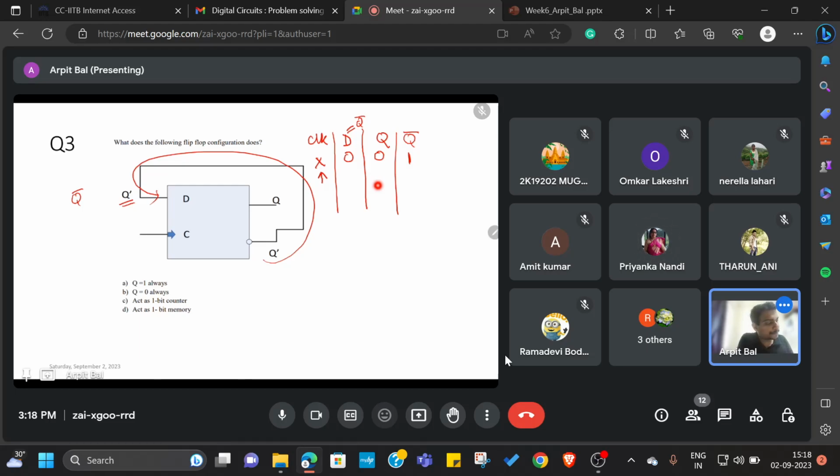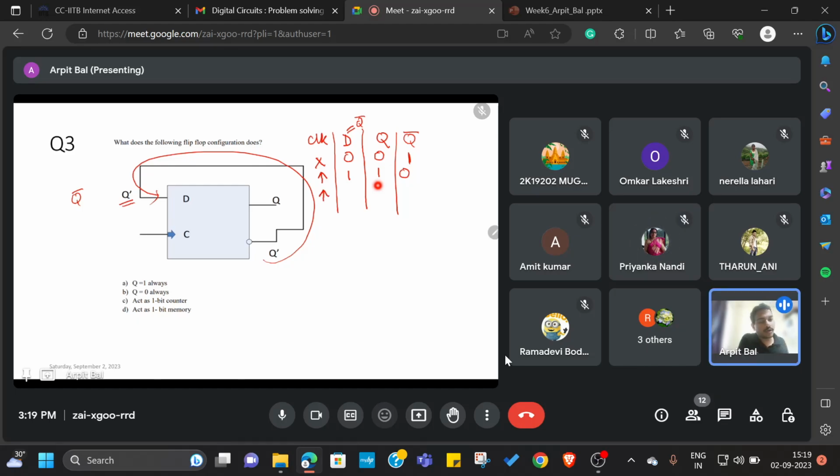The value of D will be the previous value of Q bar, so that is 1. Then Q's value will be 1, because Q is directly equal to D, and the Q bar will be 0 because Q is 1. So what will happen in the next clock edge?